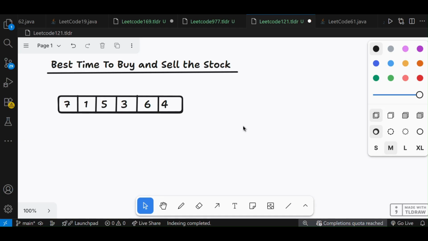In this problem, we are given an array that denotes the prices of the stock.